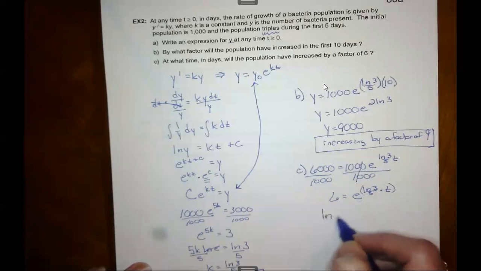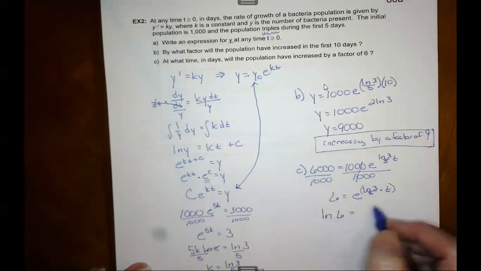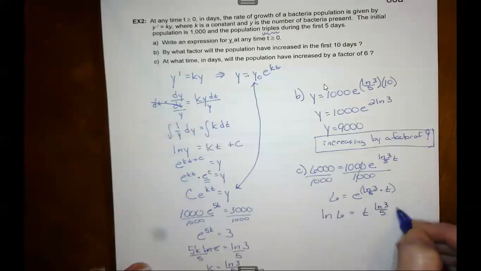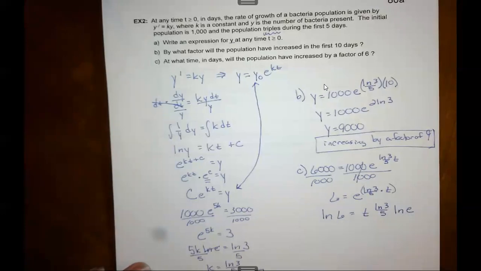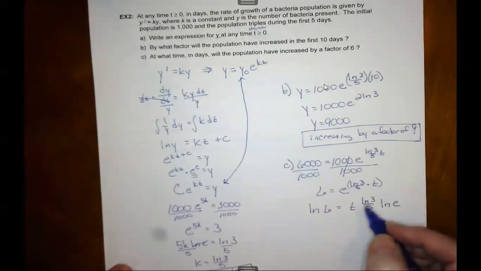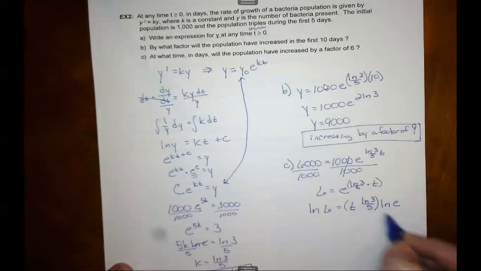So ln of 6 equals, and I'm going to bring the exponent down. So t ln of 3 over 5 times ln of e. So this is my exponent I brought to the front, and then ln of e. ln of e is 1.